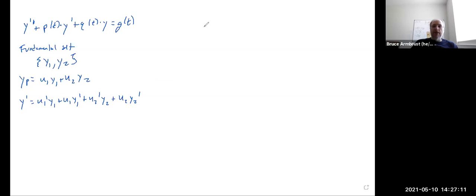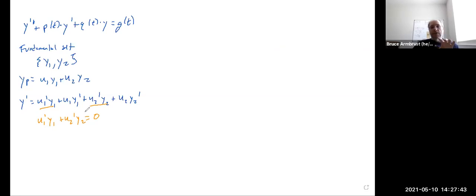We chose that restriction such that the parts with the U1 prime and U2 prime went away. So if you go back and look at that previous example, the Y1 and Y2 were the cosine of 2t and sine of 2t. And those were the ones that we did set equal to 0.